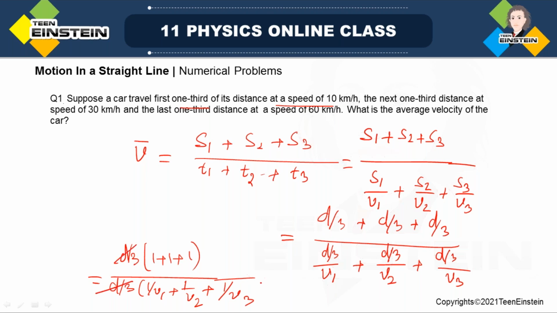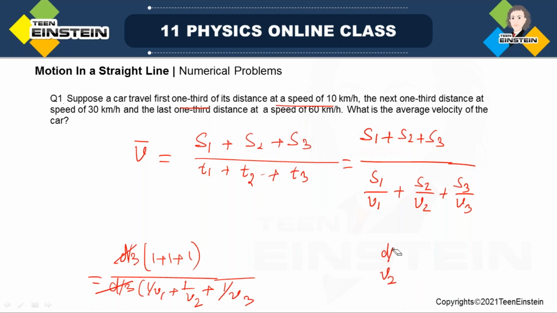So you strike this out. So what you get is 3 divided by 1 by V1 plus 1 by V2 plus 1 by V3. V1 is 10 kilometer per hour, so 1 by 10. Then 1 by V2 is 1 by 30. And this is 1 by 60.